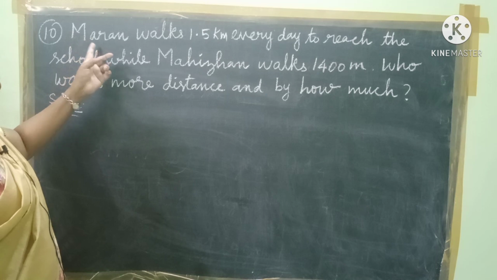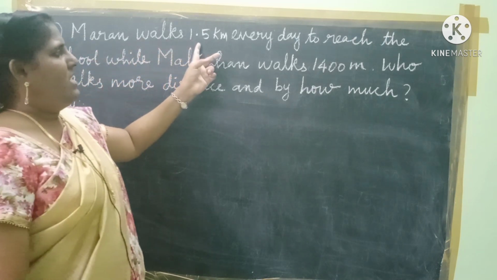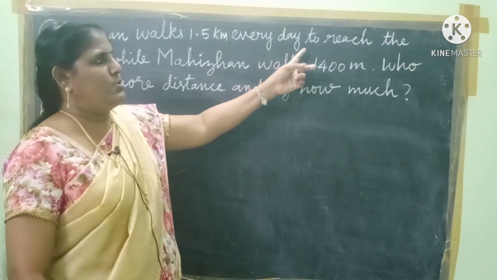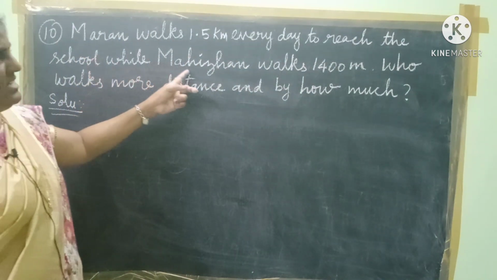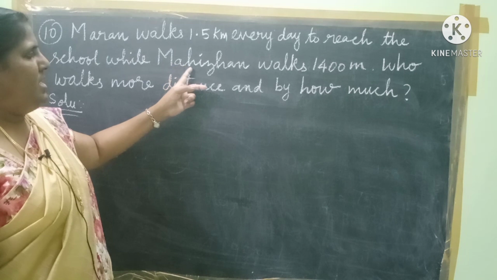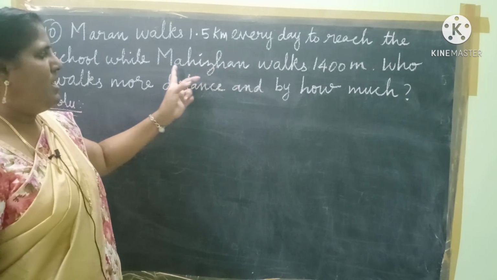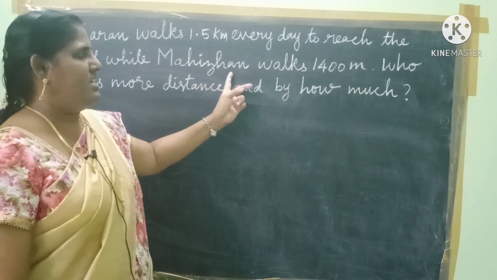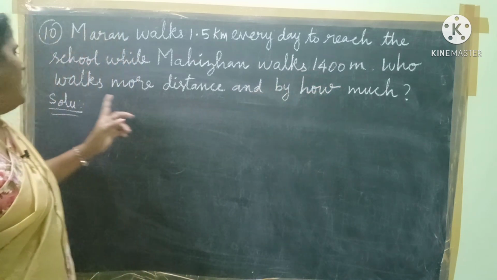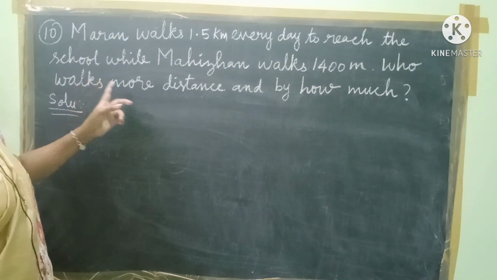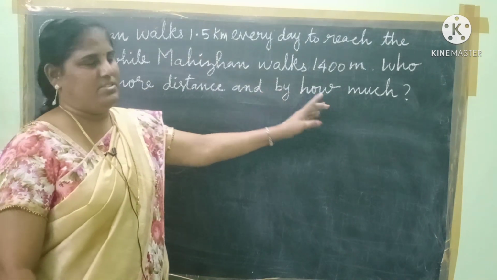For the 10th sum, Maran walks 1.5 kilometer every day to reach the school, while Mahiran walks 1400 meter. Who walks more distance and by how much?